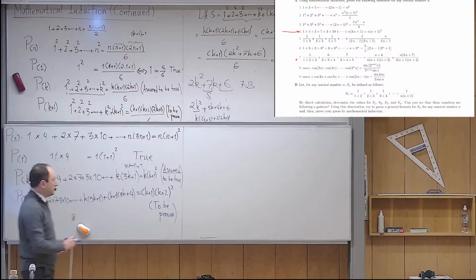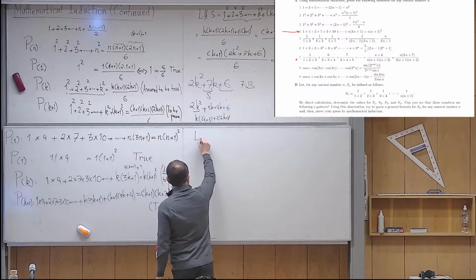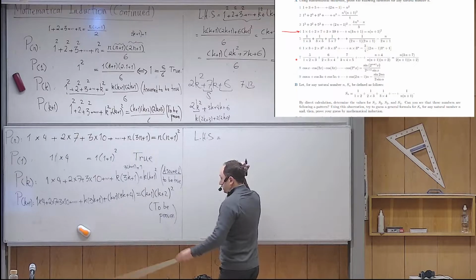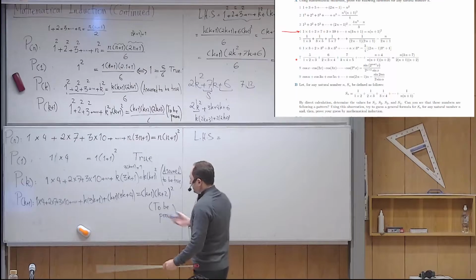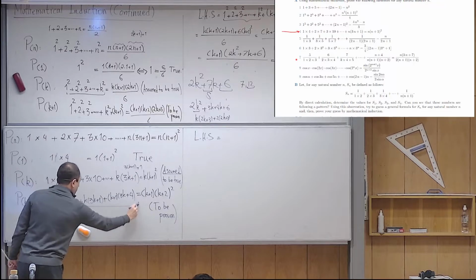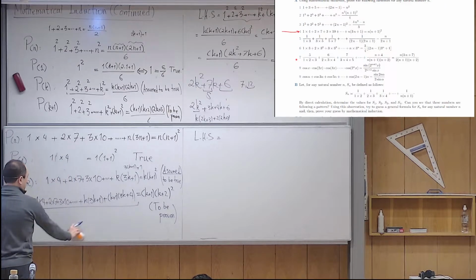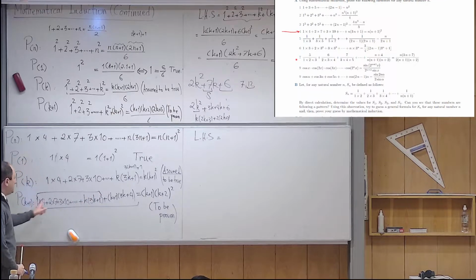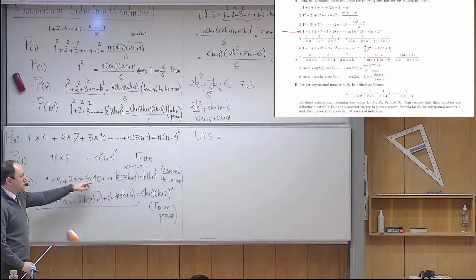So I will start saying that the left-hand side is equal to. Let me just describe it here. The left-hand side is from here to here. But from here to here, I already know the answer, because from here to here is exactly the assumption.